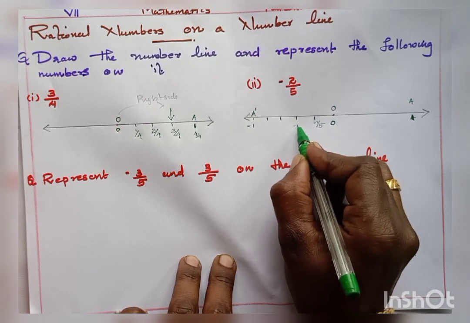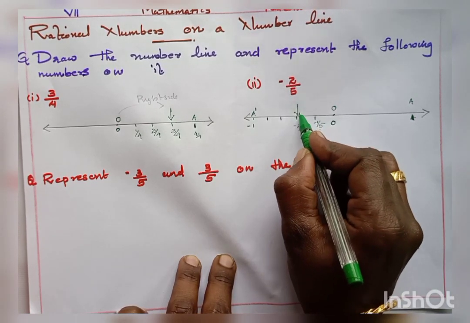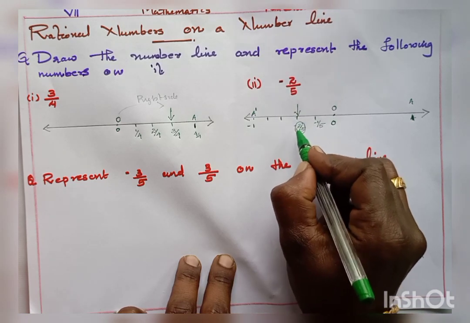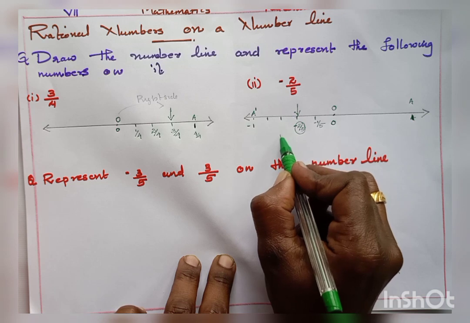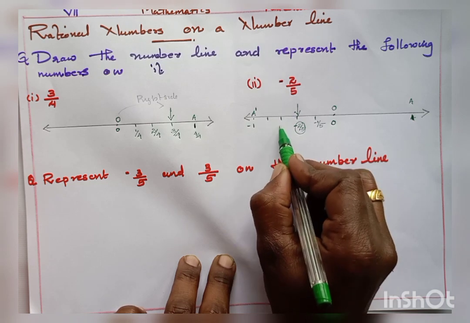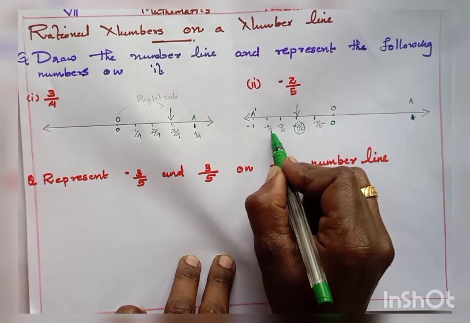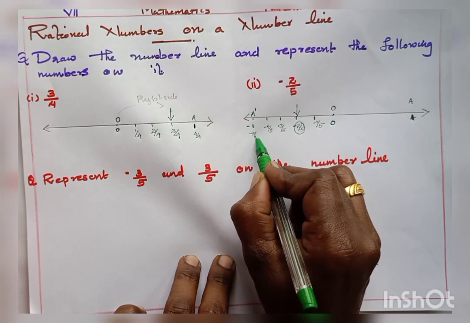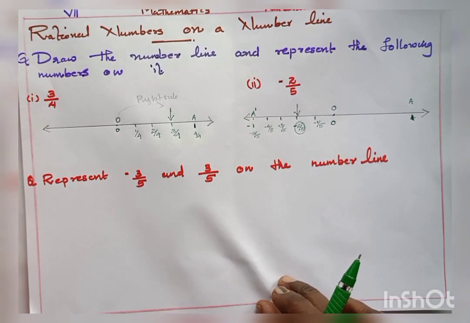This is minus 2 by 5. This is minus 3 by 5. Minus 4 by 5. This is equal to minus 5 by 5, that is equal to negative 1.